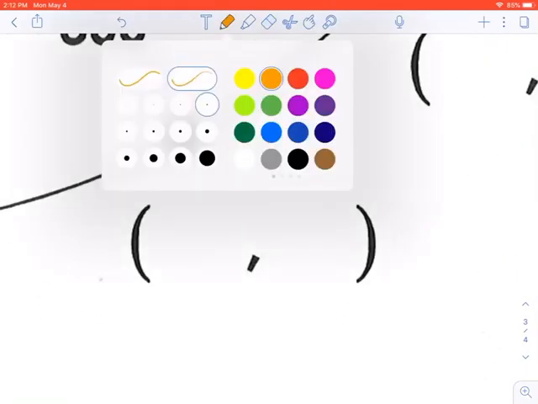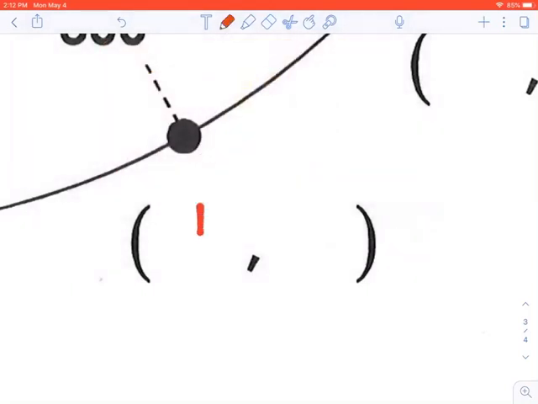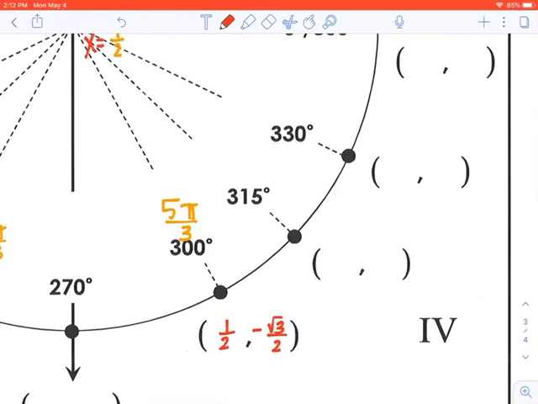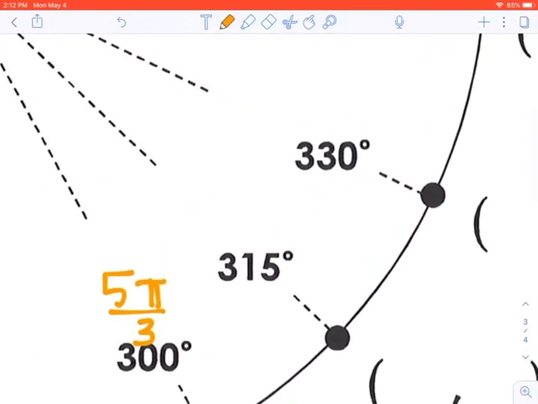So our 60-degree reference angle, the value of the point is 1/2, root 3 over 2, but in the fourth quadrant, x is positive, y is negative. Next one, 315 degrees in radians is 7 pi over 4.